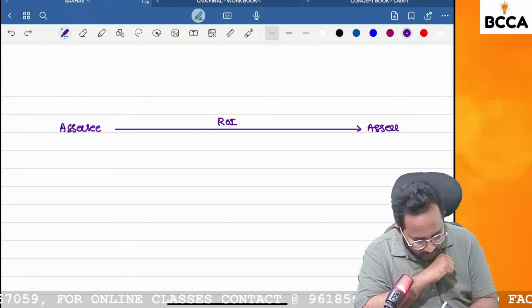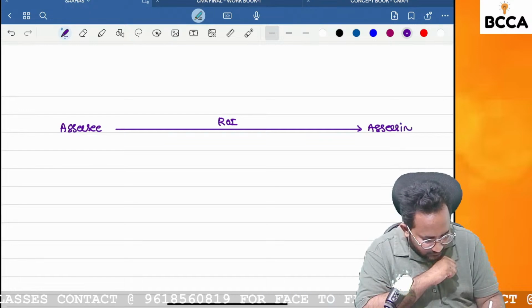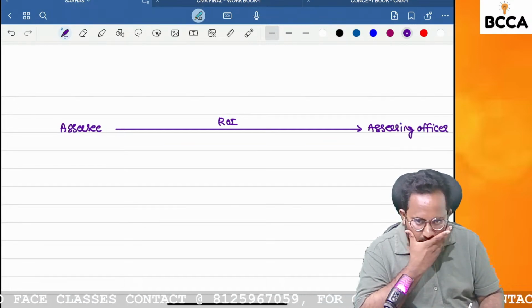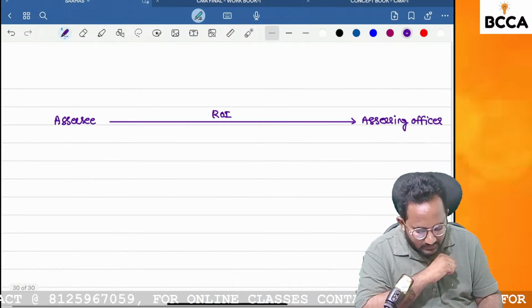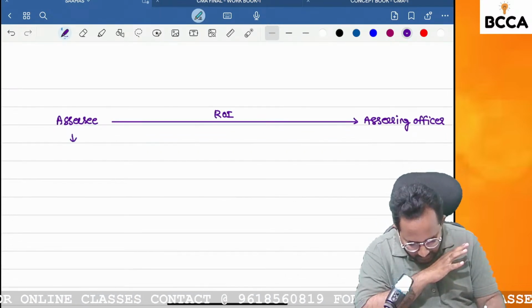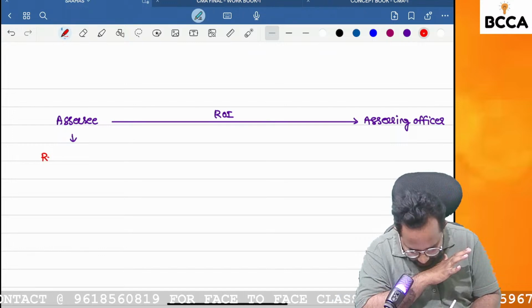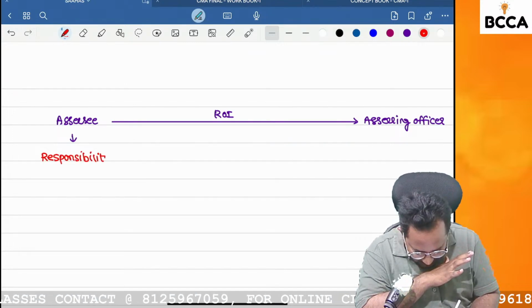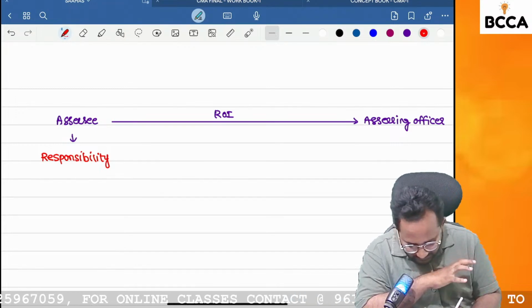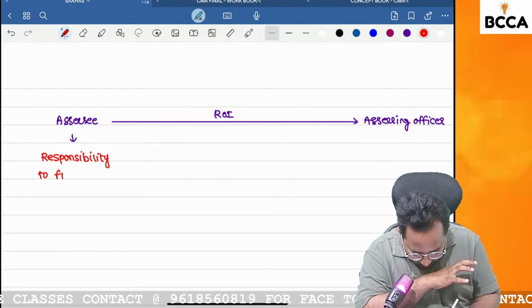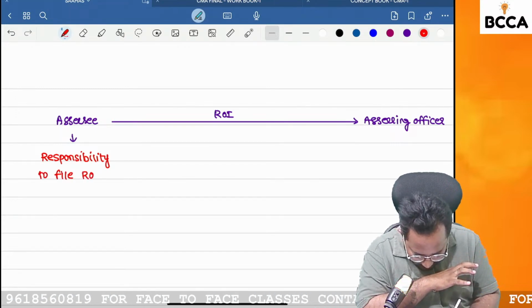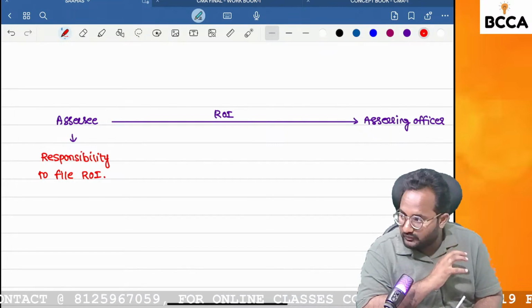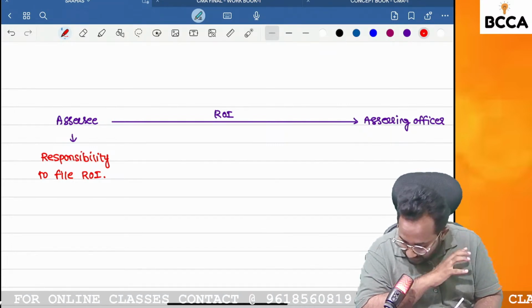Here the SSC has one responsibility. In the Income Tax Act 1961, the SSC has a responsibility, an obligation, to file the return of income.